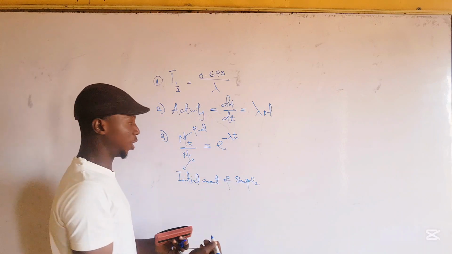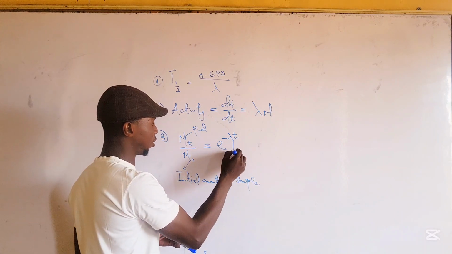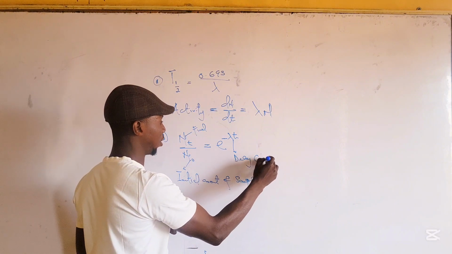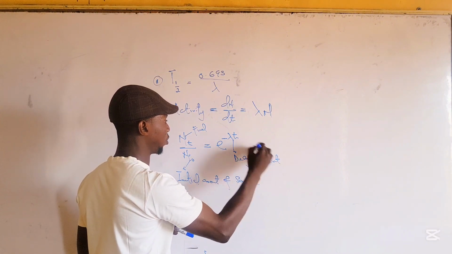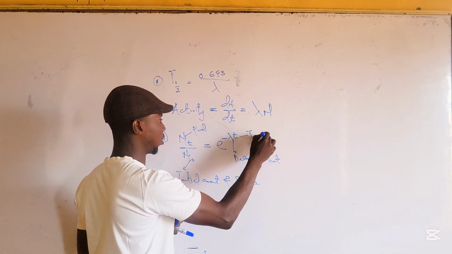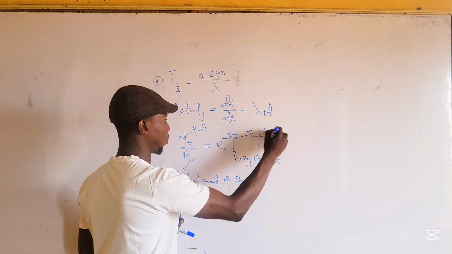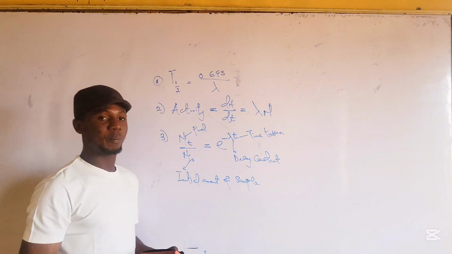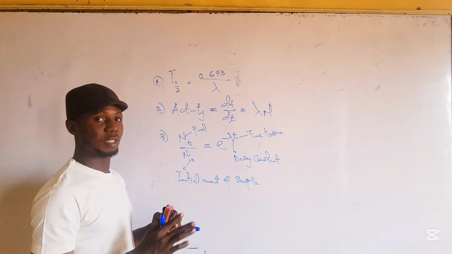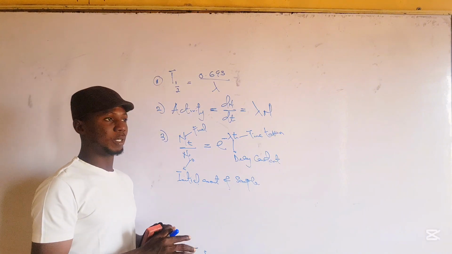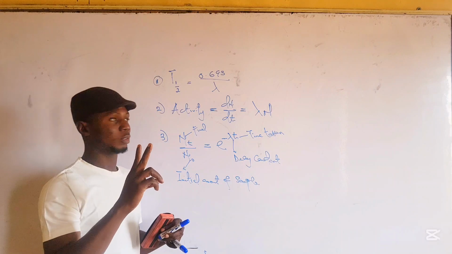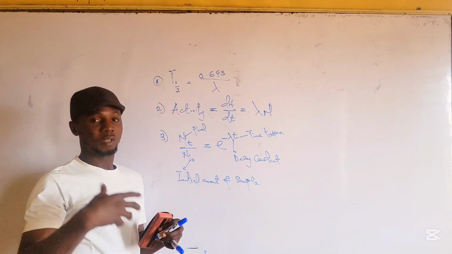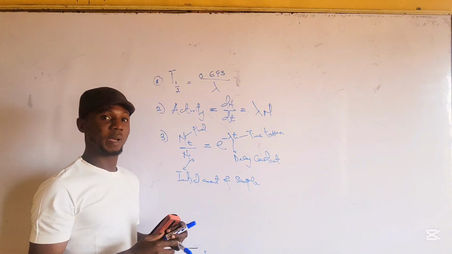This e is just the exponential constant, while lambda represents the decay constant, like I said earlier, and this t is time taken. So these three formulas are very important as far as radioactivity is concerned. I will be using these three formulas to explain the two questions that I got in my DM.